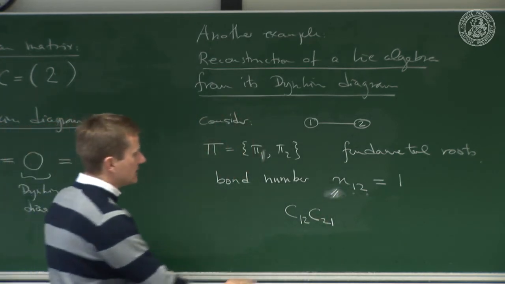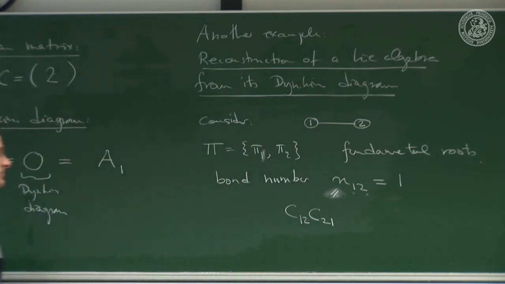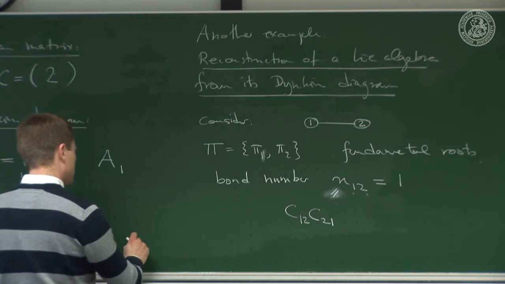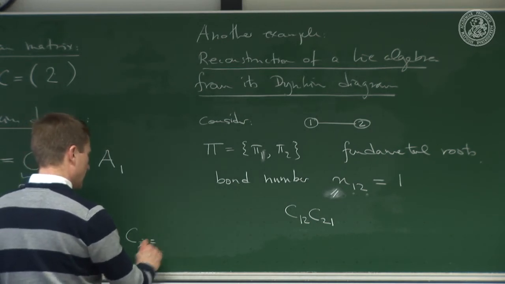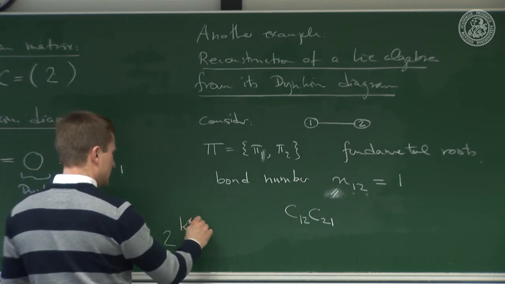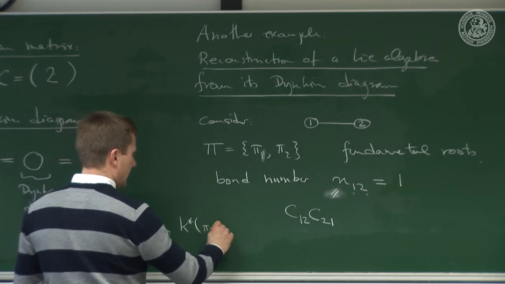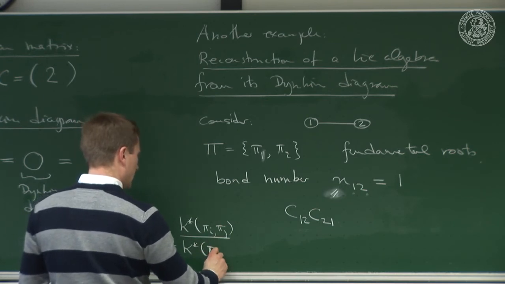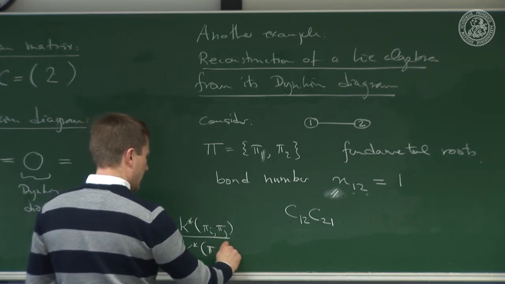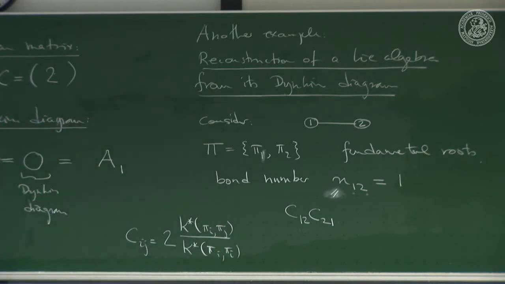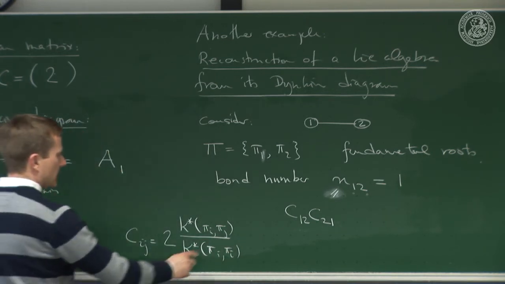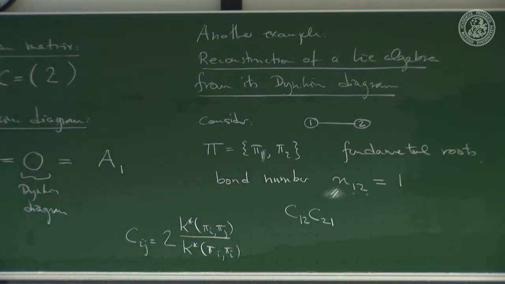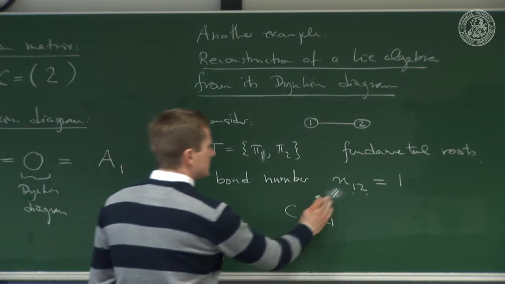And be careful, the Cartan matrix entries are not symmetric, because C_ij was 2 times k star of pi_i, pi_j over k star of pi_i, pi_i. You see it's linear in the j, but the pi_i appears 3 times, so it's definitely not linear.